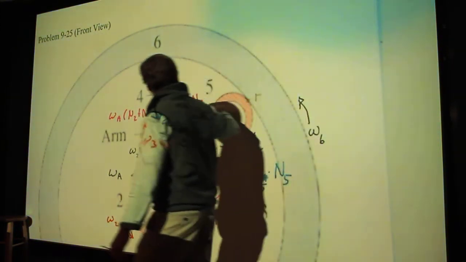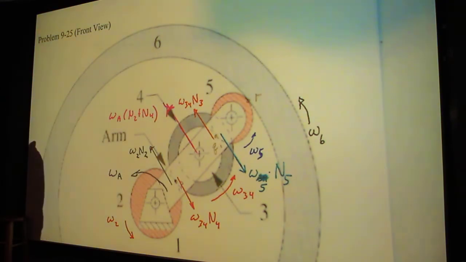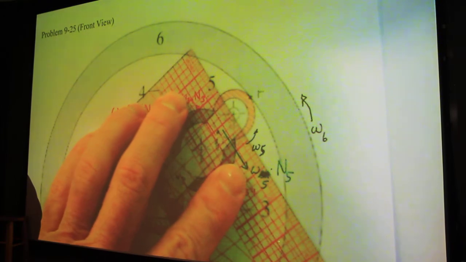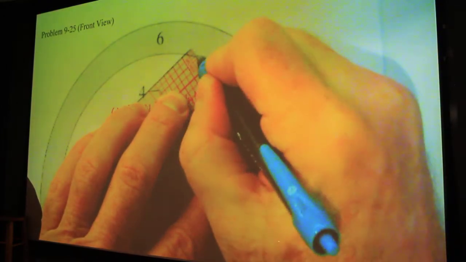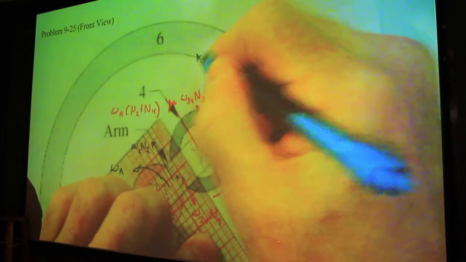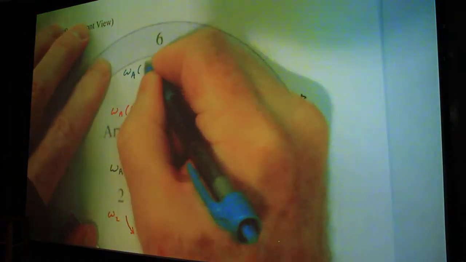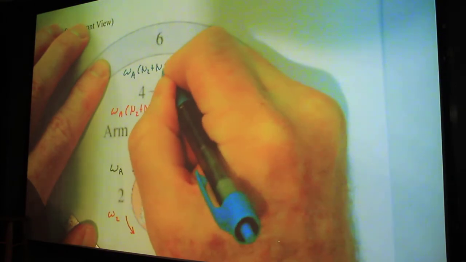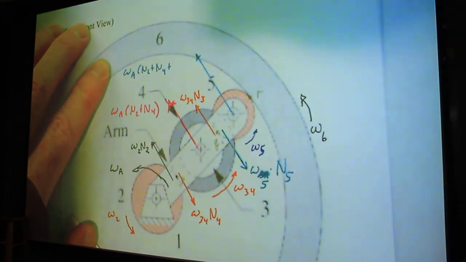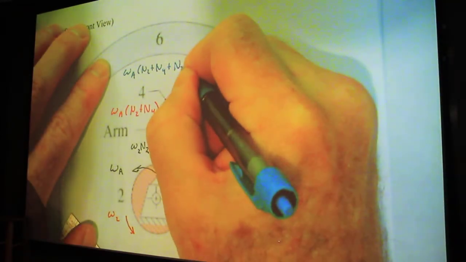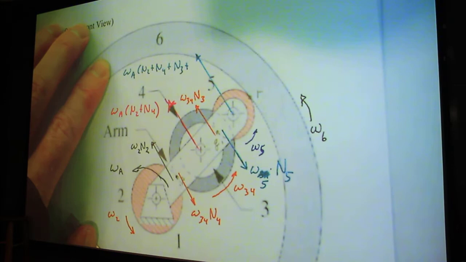So now let's go up to the center of the arm here. On the center of this arm, there's omega arm times N2 plus N4 plus N3 plus N5.